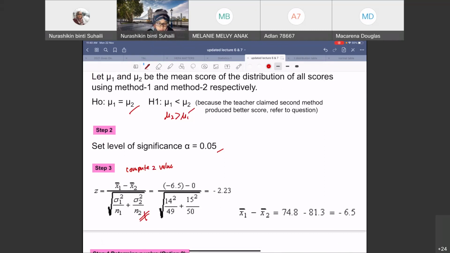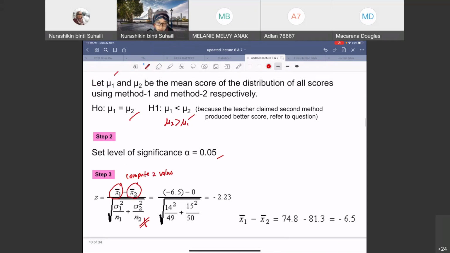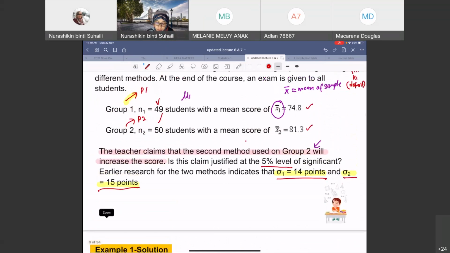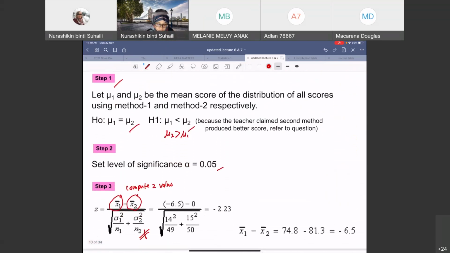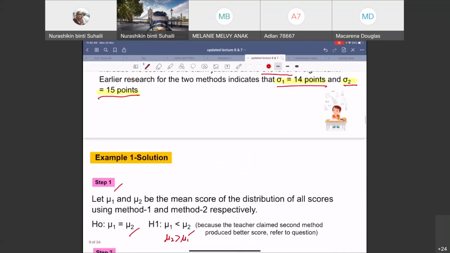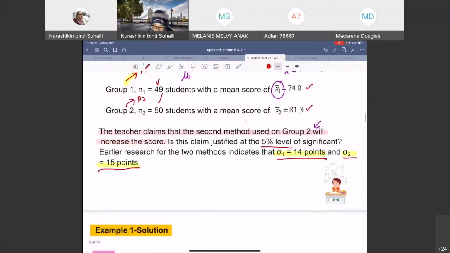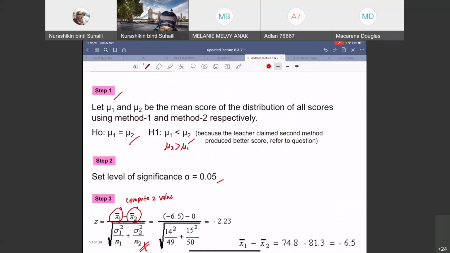You just substitute the values: the mean of sample 1 and the mean of sample 2, which are given in the question, 74.8 and 81.3. So 74.8 minus 81.3, you get minus 6.5.